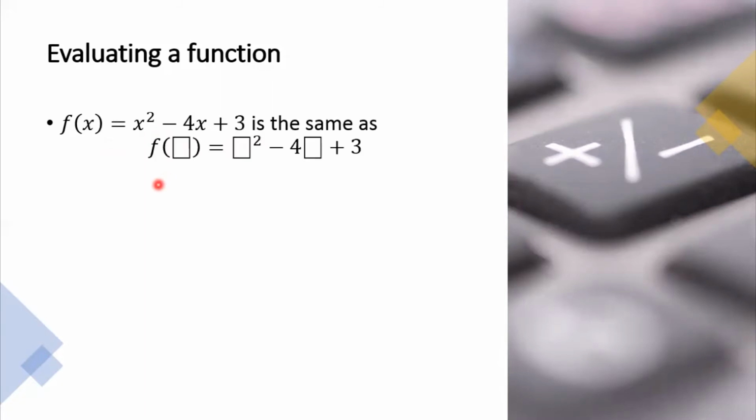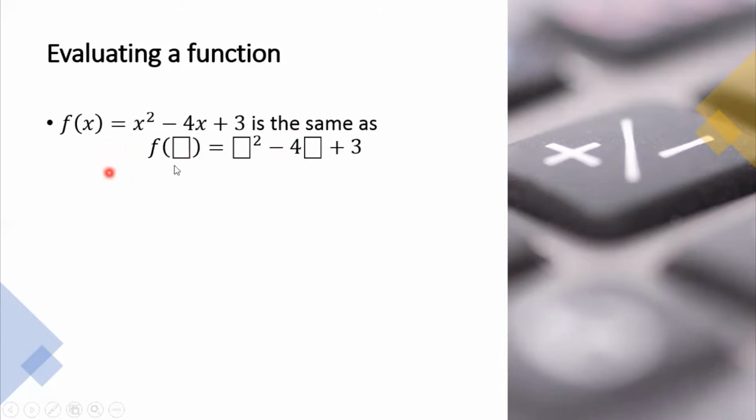So how do we evaluate a function? Suppose we are given a function like this, f of x is equal to x squared minus 4x plus 3. This is the same as f of square is equal to square squared minus 4 times square plus 3.